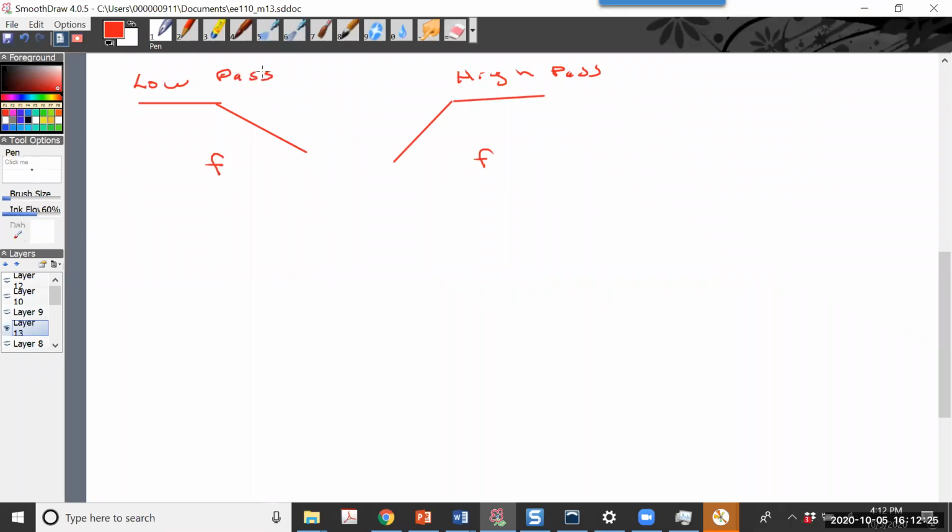So a lot of you might have been getting some feedback on your exam that your reasoning on part 5, right? Why is something a high or a low pass filter?